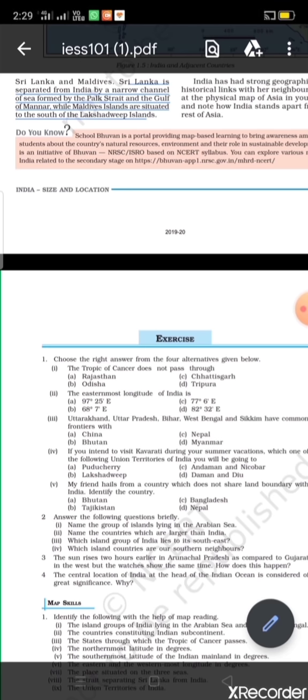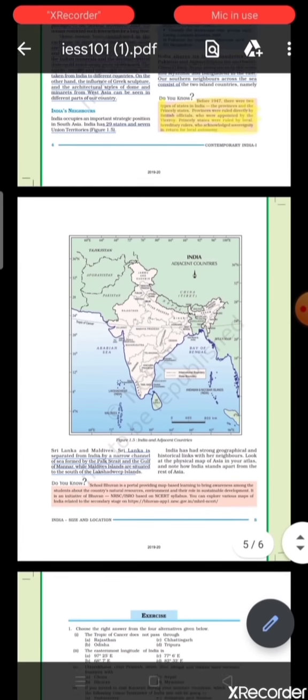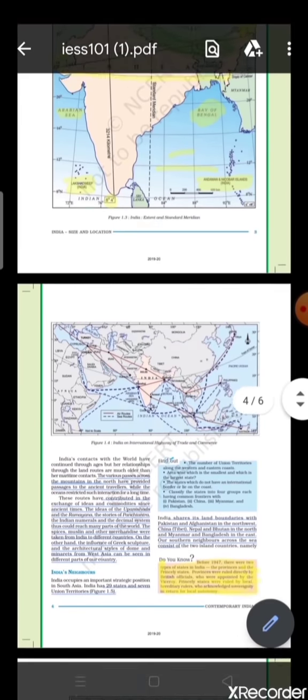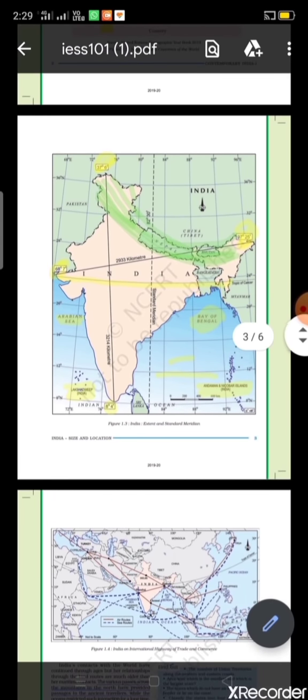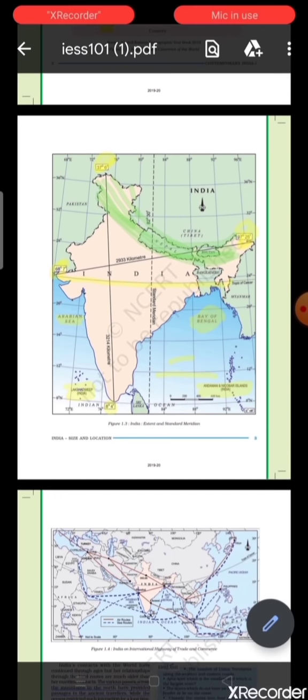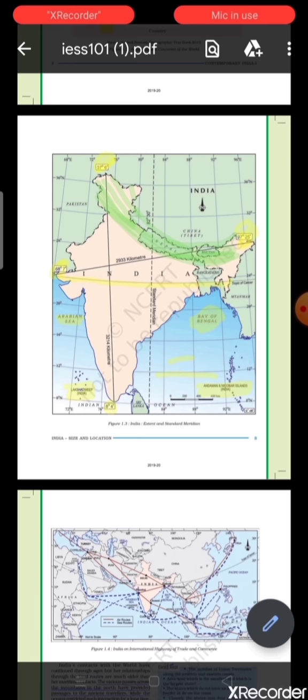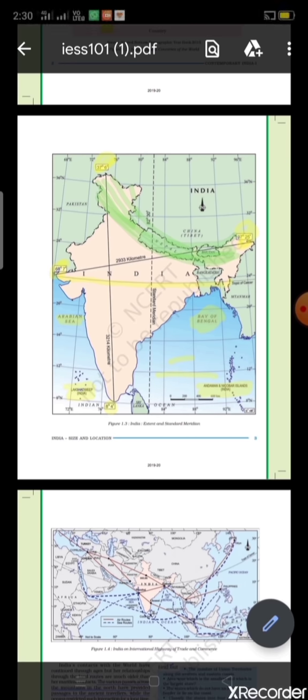The first is that India lies completely in the northern hemisphere. The land extends between 8 degrees 4 minutes north and 37 degrees 6 minutes north latitudes, and the longitudinal extent of our country is 68 degrees 7 minutes east and 97 degrees 25 minutes east.